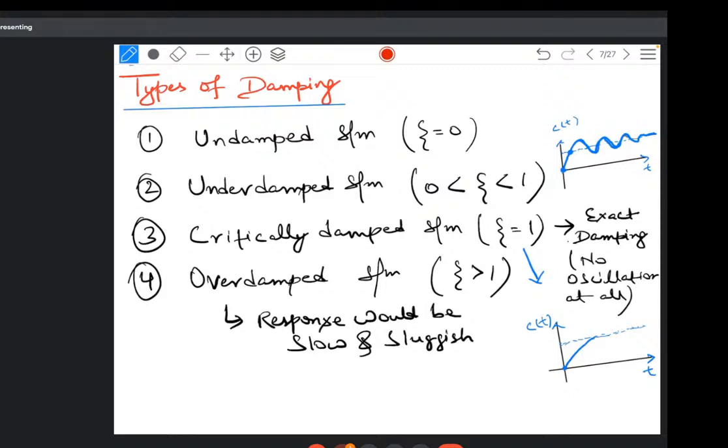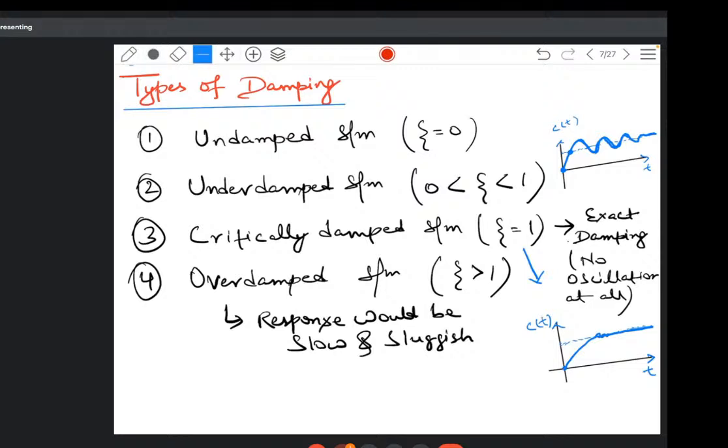But here the oscillations are killed because we have provided the exact amount of damping. So even if oscillation is there, it will be very less, and finally it will settle to the steady state. So the response once it reaches the steady state continues to be in the steady state without any oscillation.